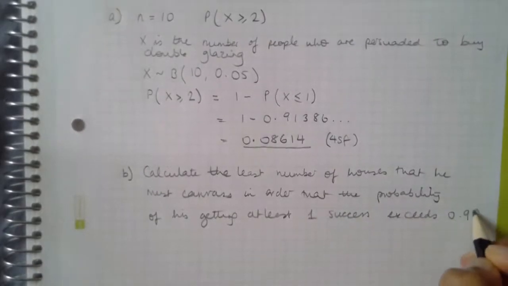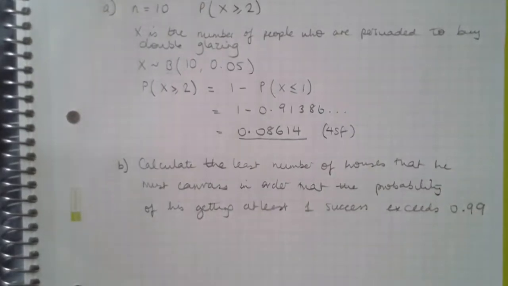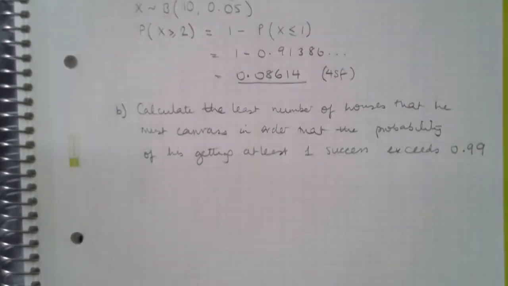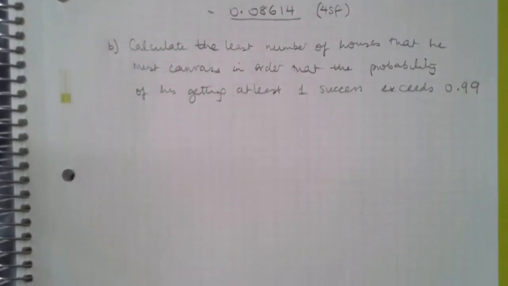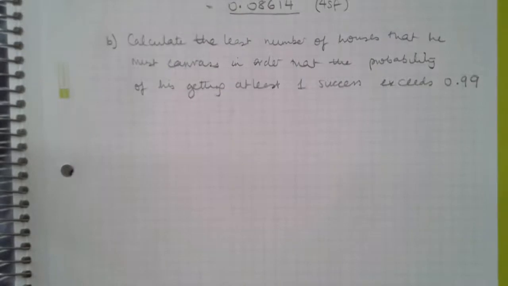Now we're trying to find how many houses he goes around canvassing so that the probability of him getting at least 1 success is greater than 99%.